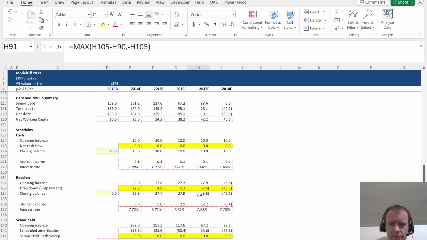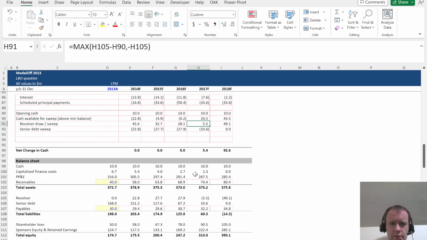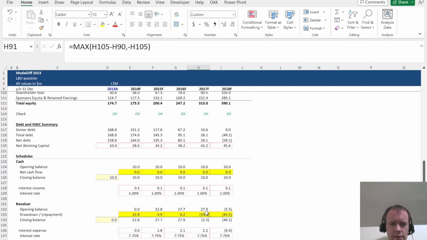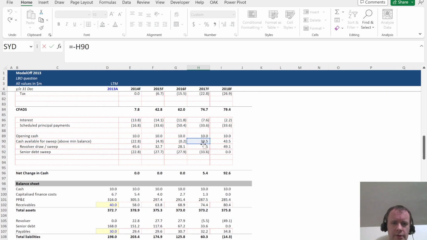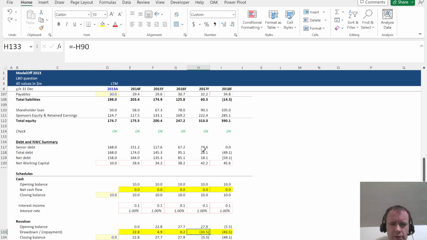Okay, so that's 33.5. Did I link to the wrong thing? H90, I did. I linked to the cash flow available instead of the right line. Oops, okay, you didn't like that.